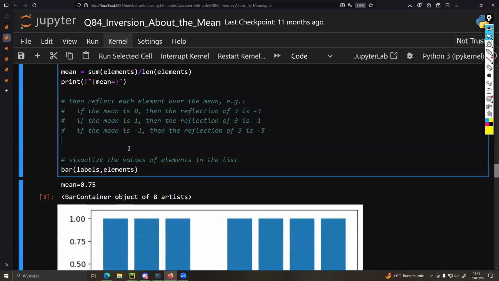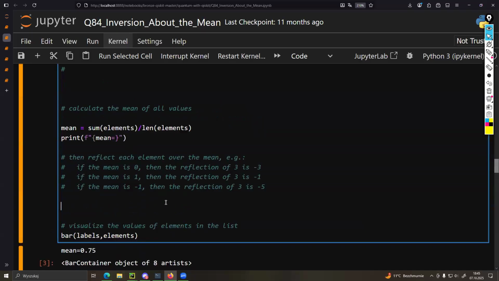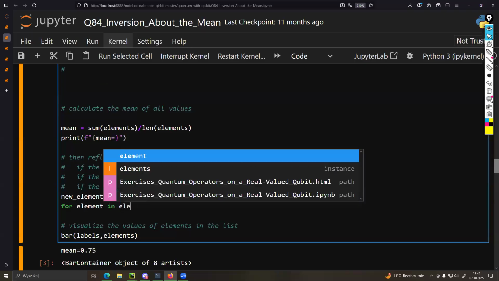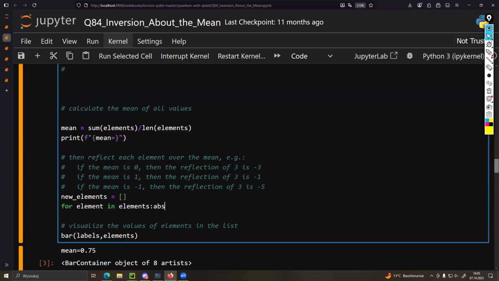Let me actually redraw this. For element in elements.